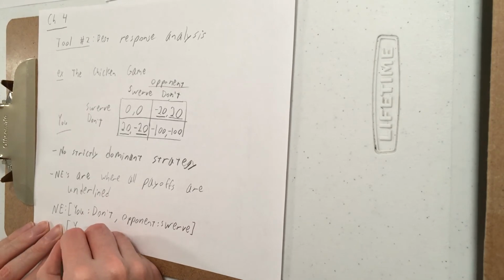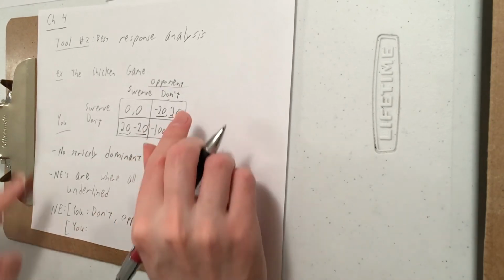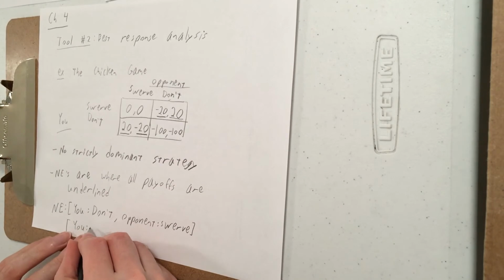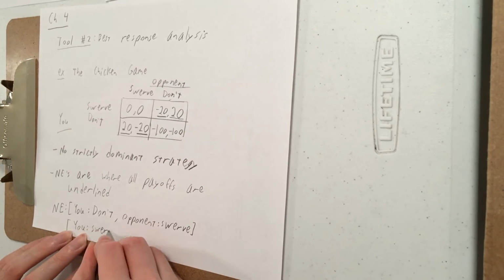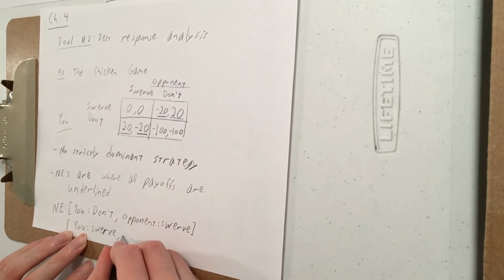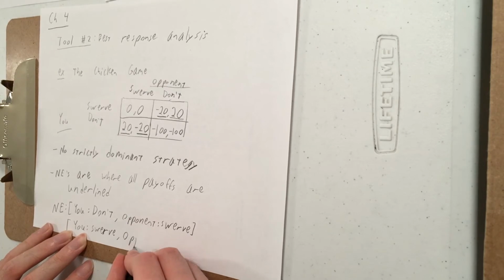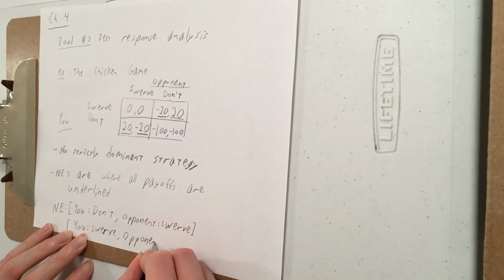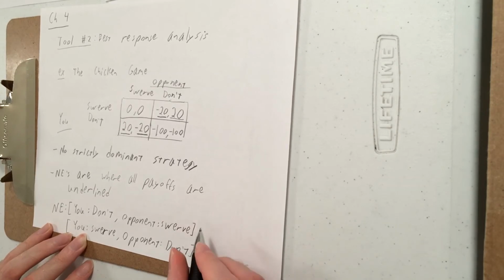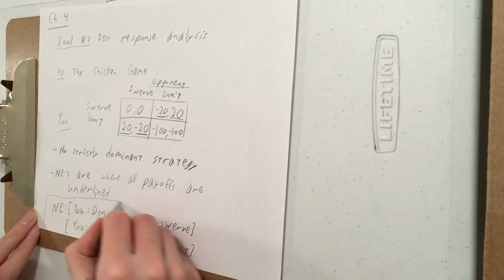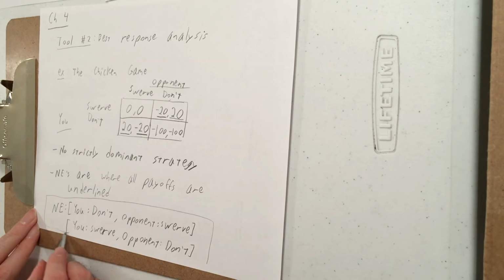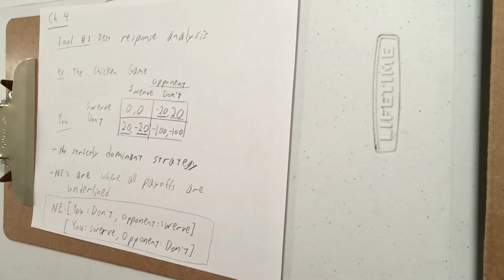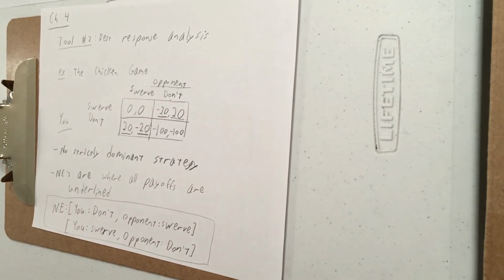There's another one where you play swerve, that's this one here, while your opponent is not swerving. So that's how you find the Nash equilibria.